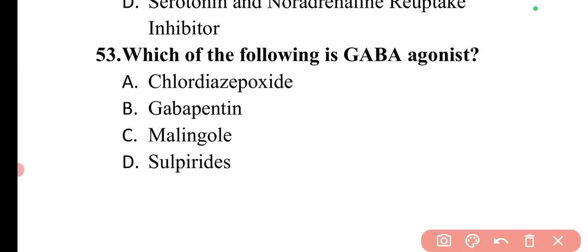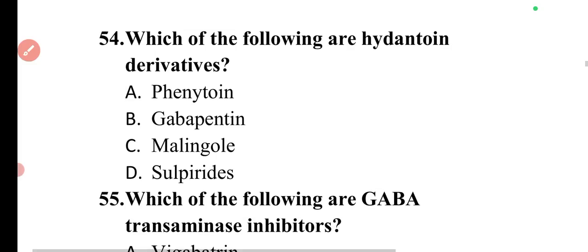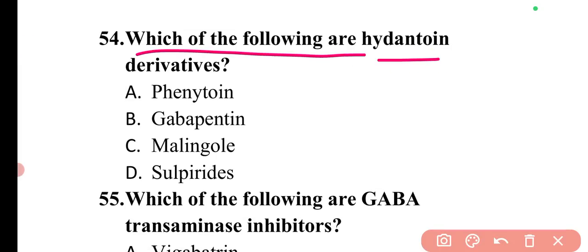Next question is, which of the following is a GABA agonist? So the compound which is a GABA agonist is gabapentin. So here option B is the correct answer. Next question is, which of the following are hydantoin derivatives? So the hydantoin derivative includes phenytoin.